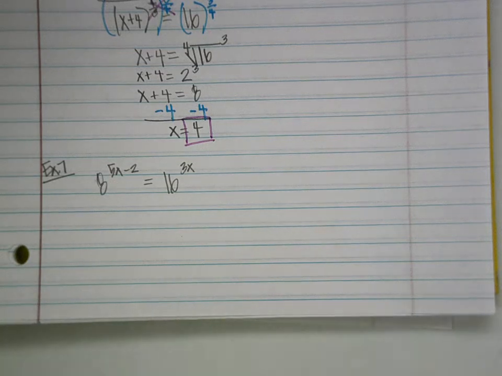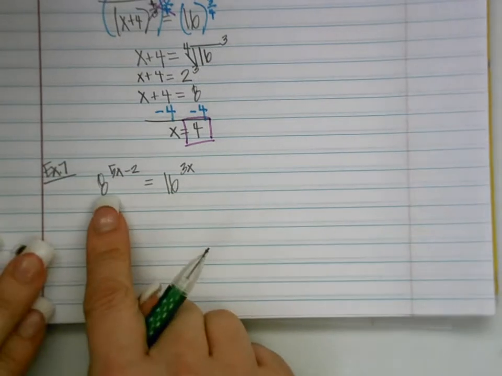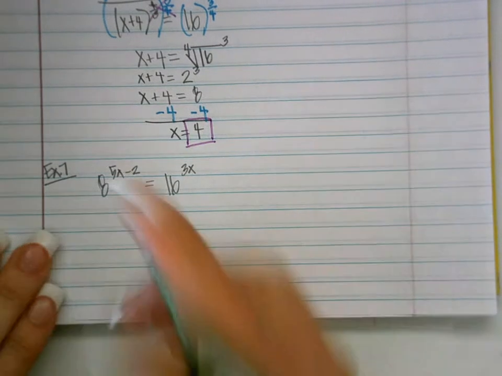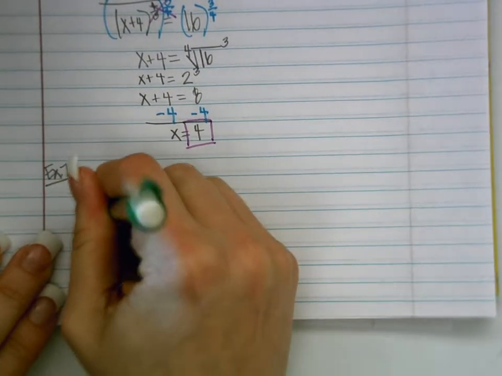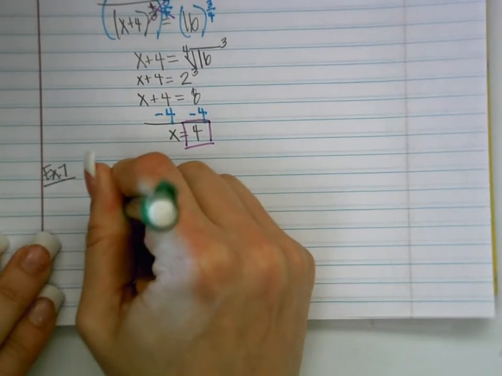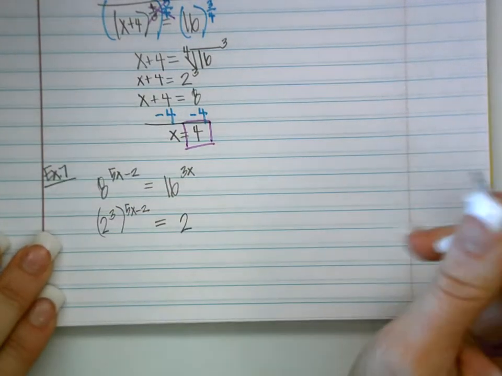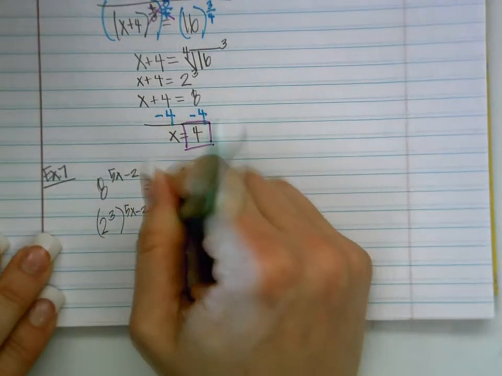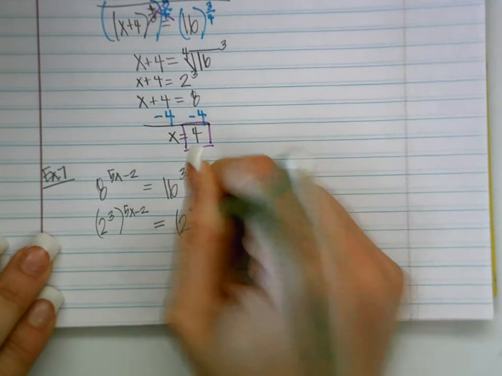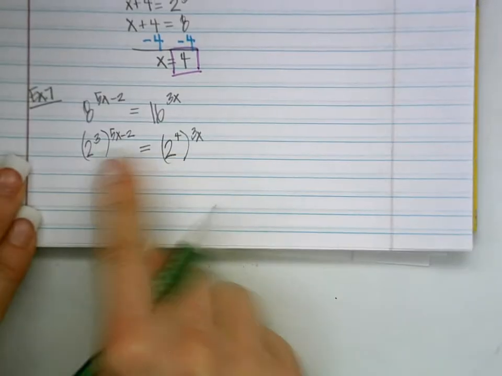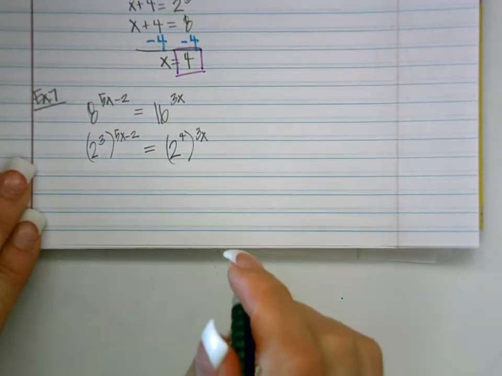2. How do you write 8 as a base of 2? 2 to the 3rd power raised to the 5x minus 2 equals 2 to what power equals 16? The 4th raised to the 3x. Then with these exponents, are you adding them or multiplying them? Multiplying them.